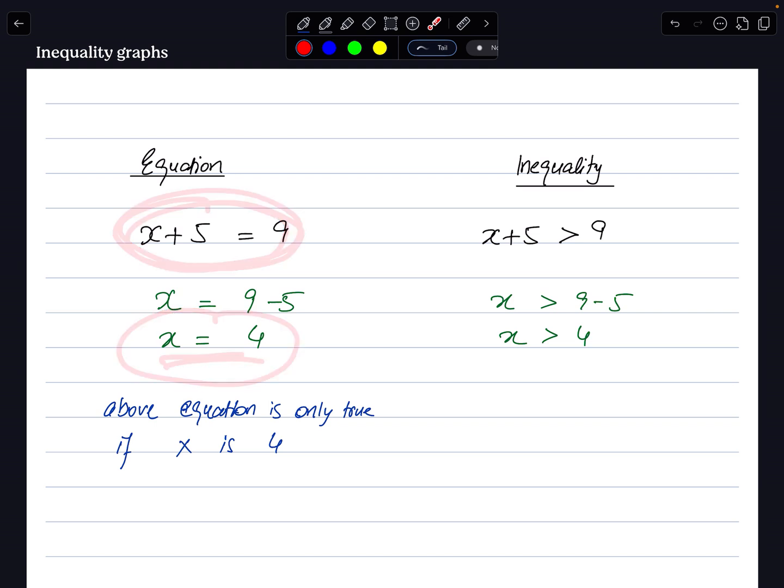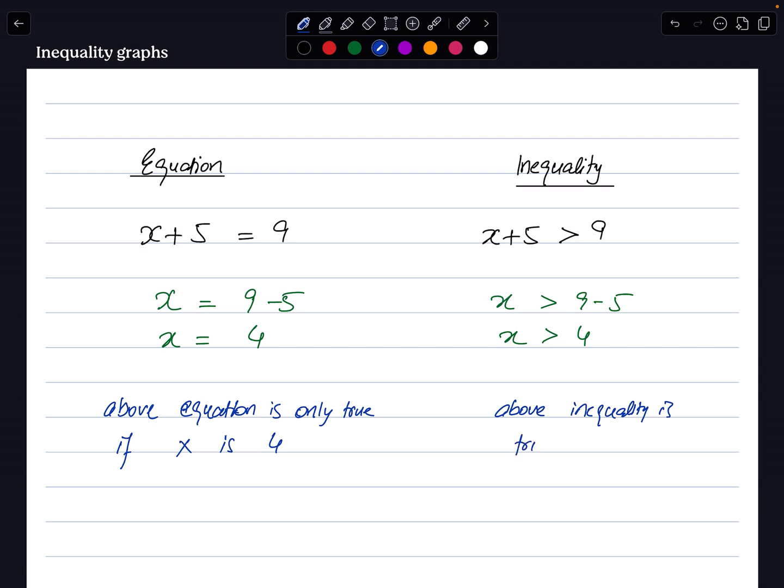So an equation would only be satisfied for one value of x, and in this case that value is 4. Whereas if you look at the inequality, that says that the above inequality is true for any value of x which is bigger than 4.